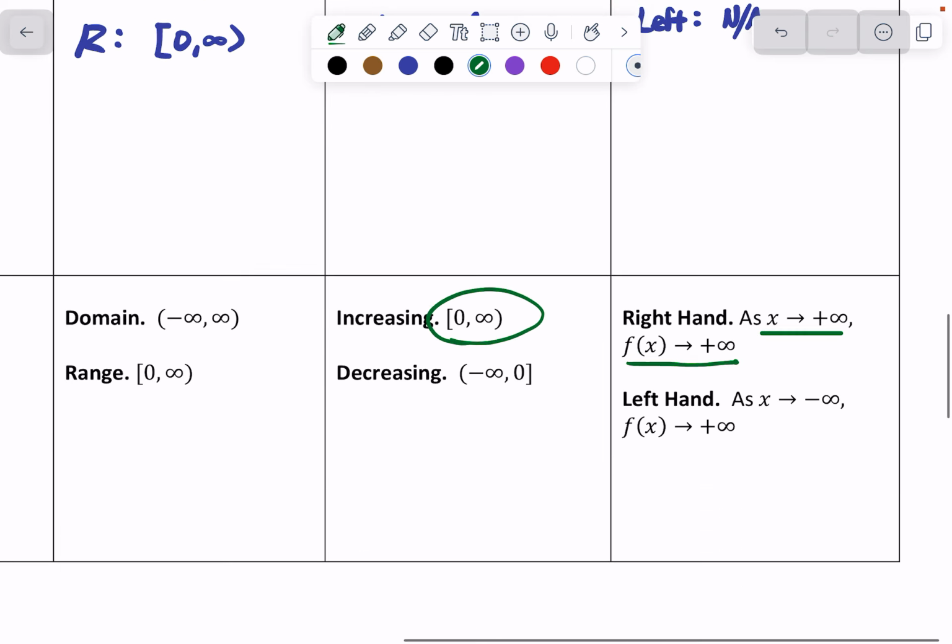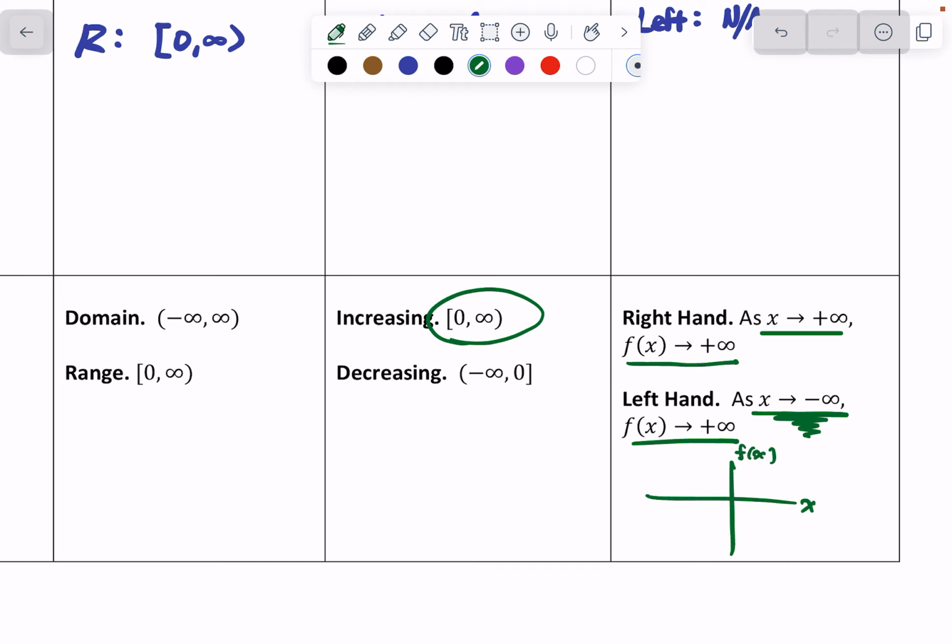And for left-end behavior, you notice they do something different. As x goes to negative infinity, meaning we're moving left on the graph, f of x goes to positive infinity. So we got x, f of x here. Basically, that's saying as you move to the left, your function is going down, and as you move to the right, your function is going up.